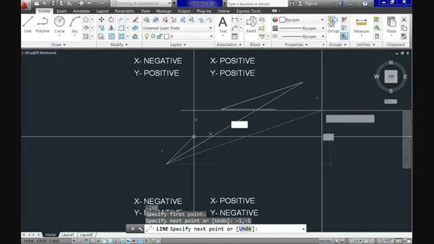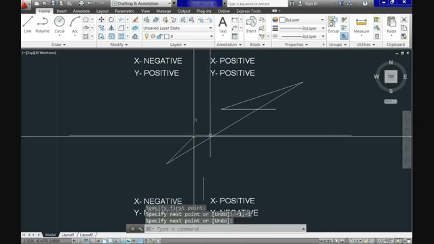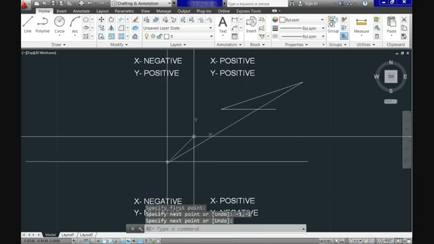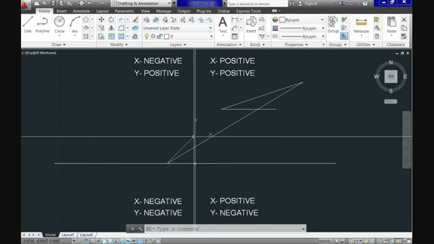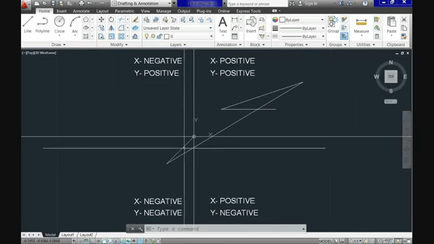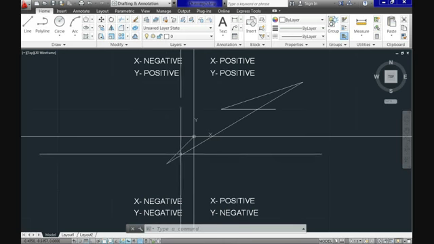So when you use the absolute coordinate entry system, you need to use the number symbol first. Otherwise, after the first point, AutoCAD switches automatically to the relative coordinate system.